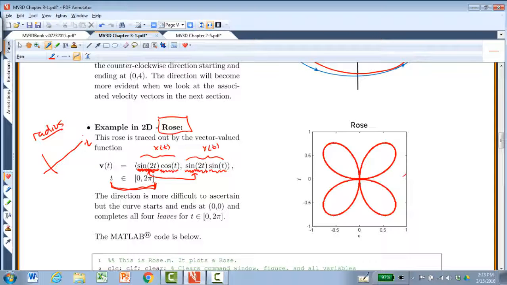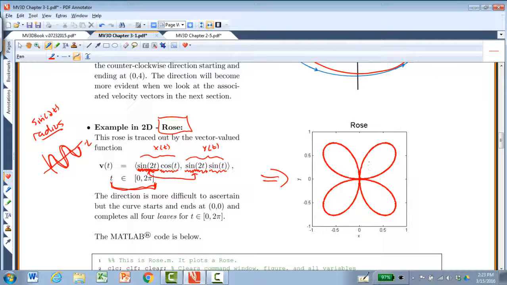For t, the radius, because that's sine 2t, starts at 0 and I actually get 2 sine waves. So the radius goes up, down to negative, up to positive, down to negative, up to 0. It's not immediately obvious from looking at the curve how it was sketched out.